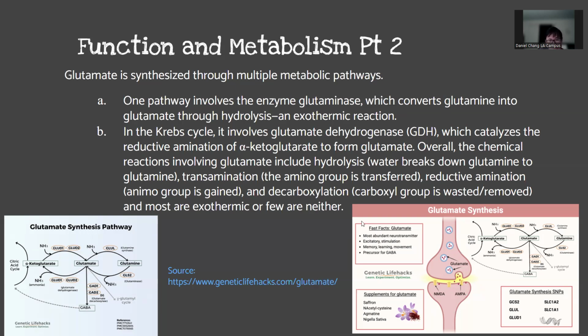Overall, it breaks down and then does some decarboxylation, and it's exothermic, so it releases heat. This is the pathway for that. Pretty complicated stuff, so I'm not going to talk too much about it. And this is the synthesis, how it's made using NMDA and AMPA through the synaptic cleft.